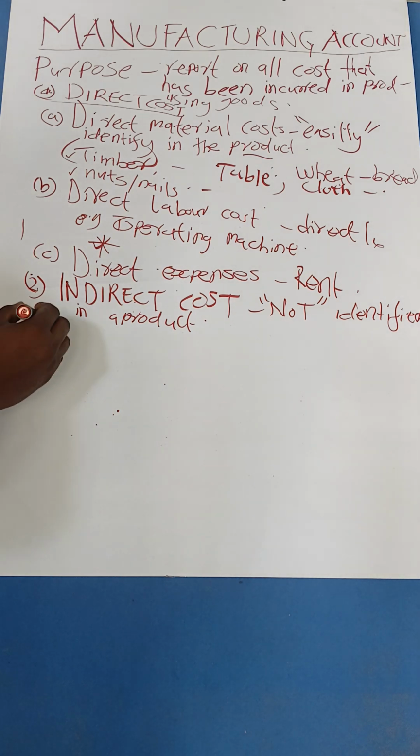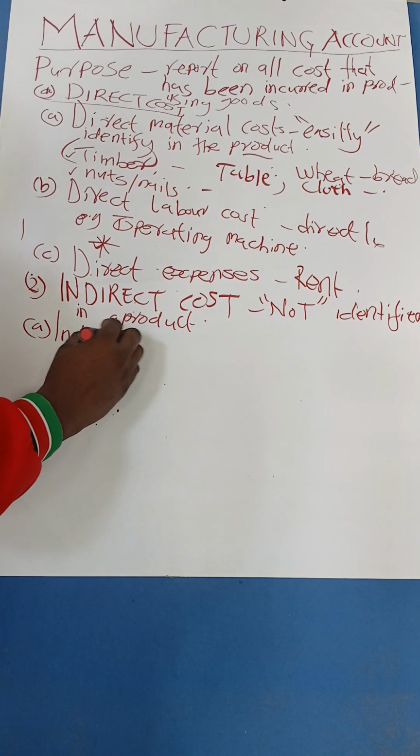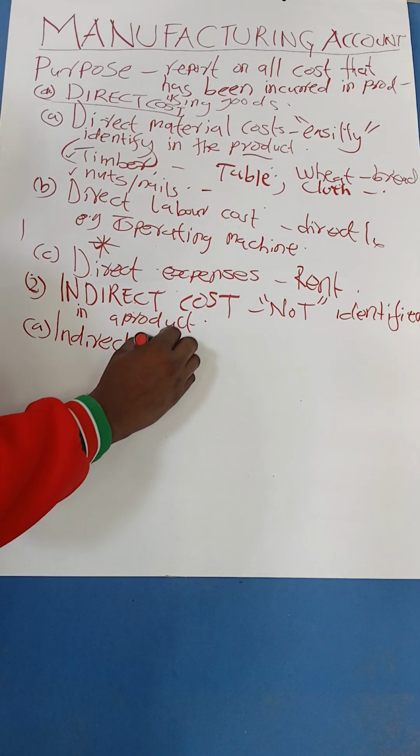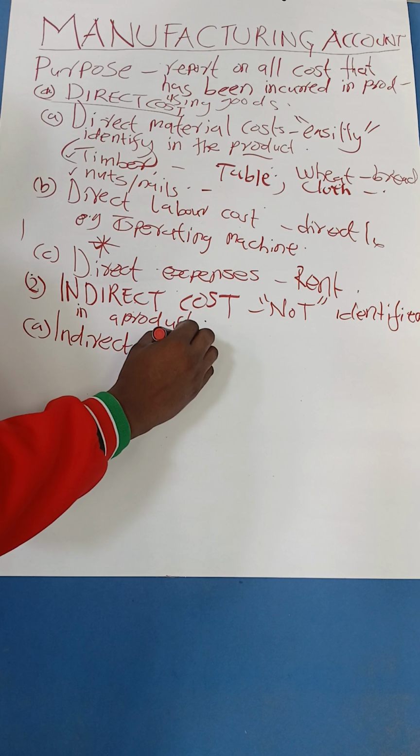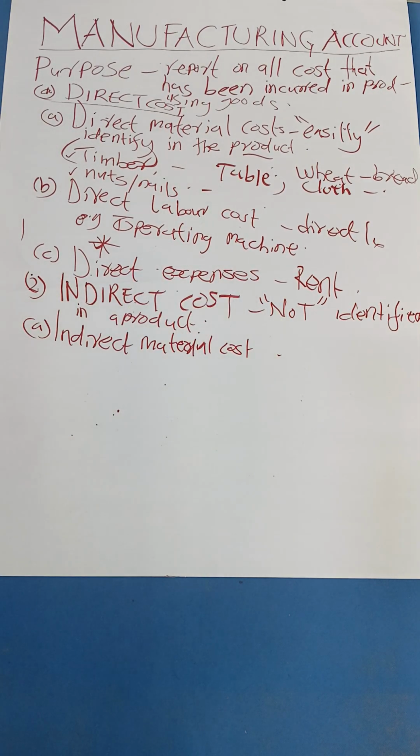The first one will be what? Indirect material cost. Indirect material cost, we said these are just the cost of raw materials which one cannot easily identify in a particular product.